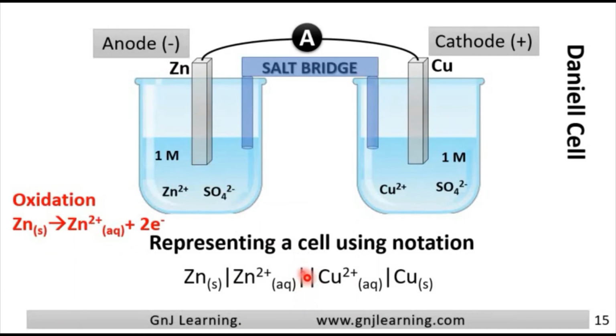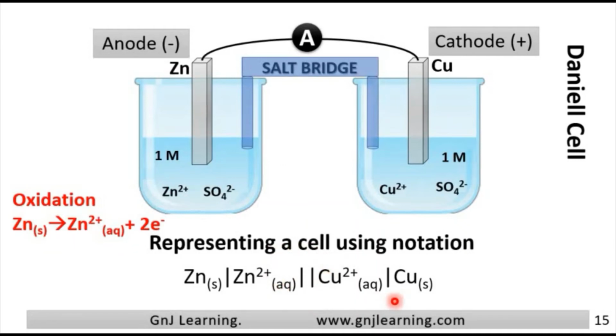Now it is followed by a double vertical line. That means zinc 2+ and Cu2+ have no direct contact but have an indirect contact through the salt bridge. So this double vertical line represents the salt bridge, which means there is no direct contact but an indirect contact.